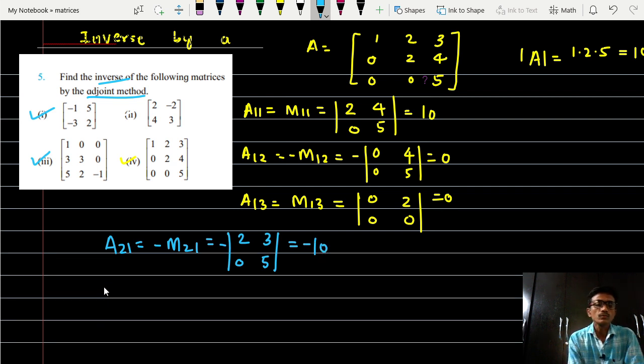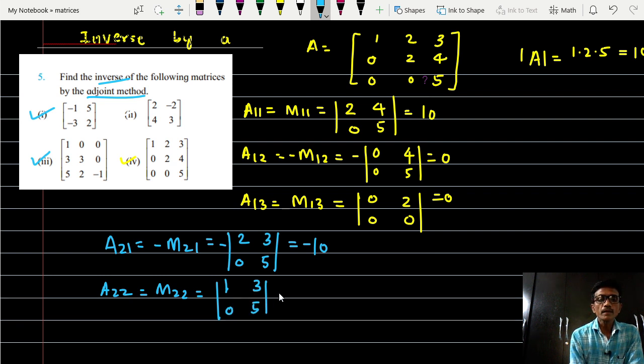Then A22 is equal to M22, the value of the determinant 1 3 and 0 5, which is 5 only.